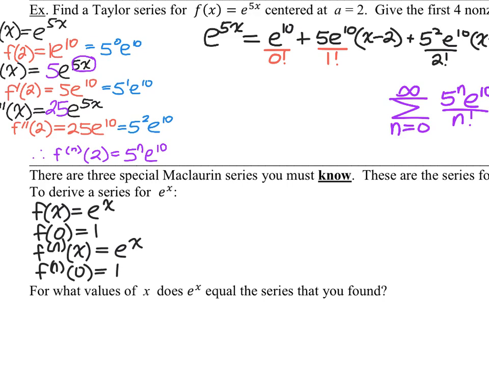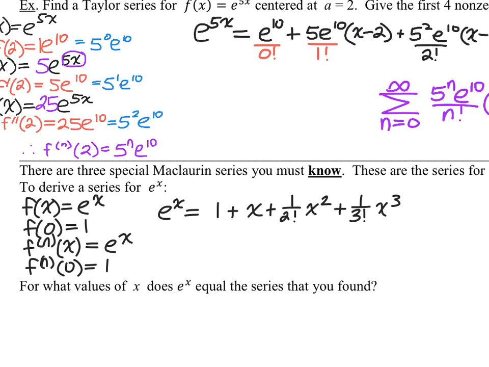We're looking at e to the x is equal to 1 plus x plus 1 over 2 factorial x squared plus 1 over 3 factorial x cubed, and so on, with the idea that we're trying to generalize.